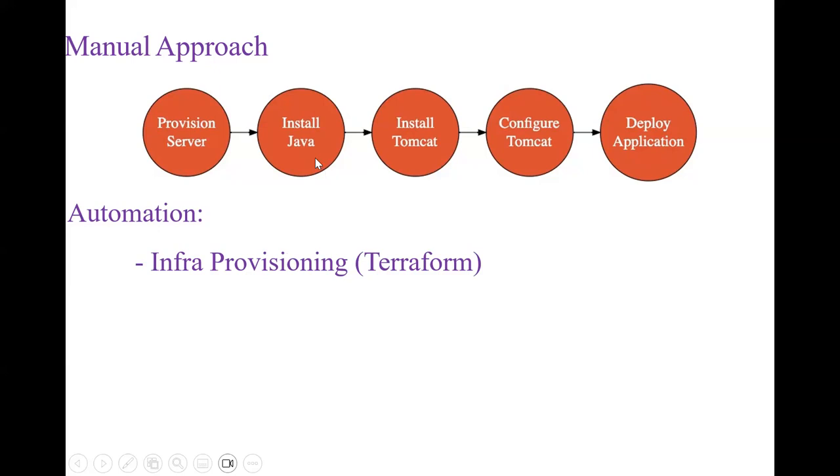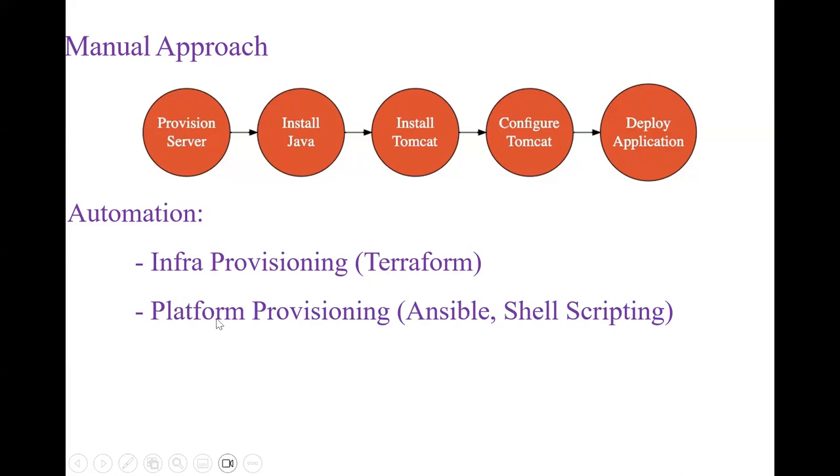Then, how do you install Java? How do you install and configure Tomcat? They are all Java-based application platforms. If you are going to run a Java application, you need all this software. That is what we call platform provisioning. Here we can use Ansible, shell scripting, or configuration management tools.